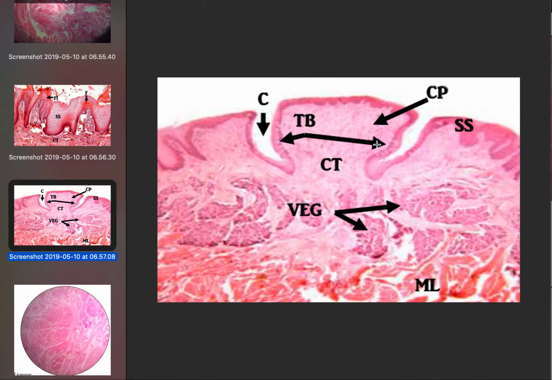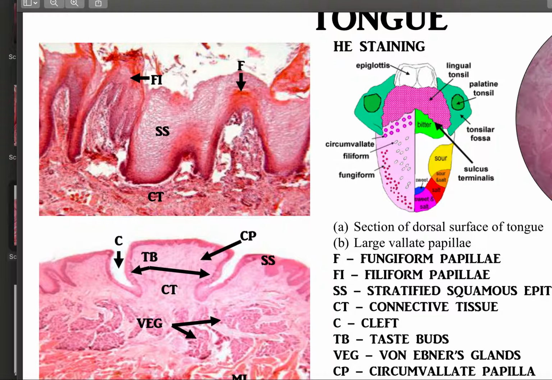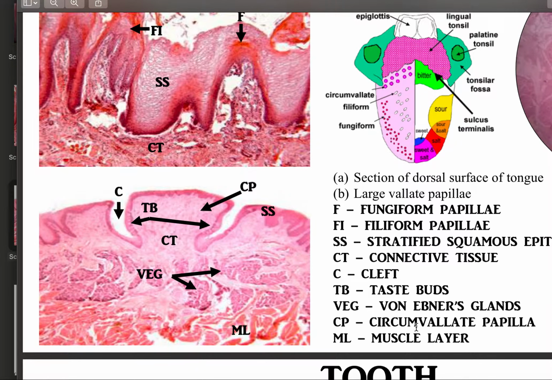This is something called a circumvallate papilla, and it looks completely different. It's kind of wide and short. This is your taste bud, this is your cleft, this is your connective tissue, and the VEG are your von Ebner's glands, and underlying you have your muscle layer.